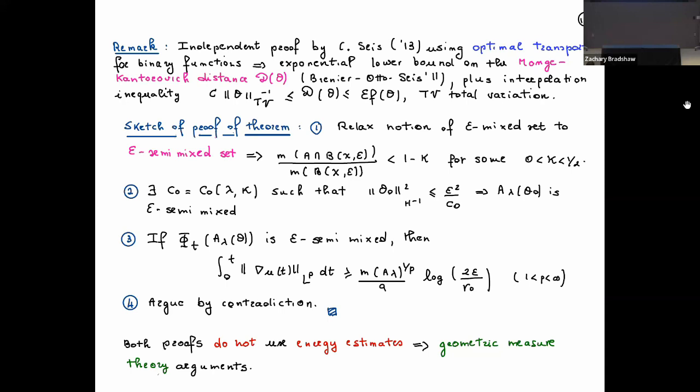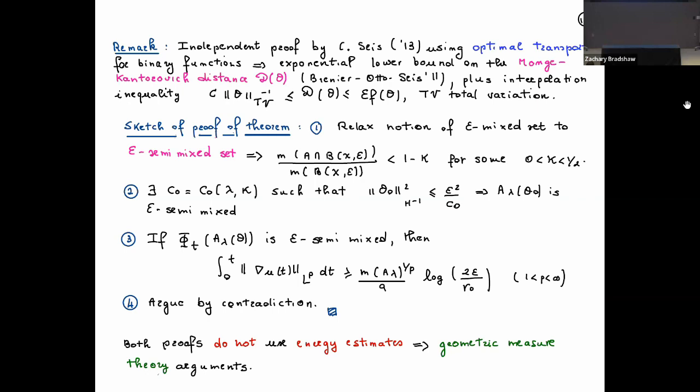And then you relate being semi-mixed to bounds on the flow. So the idea of the proof is that if I control the H^{-1} norm, you control the size of the level sets in terms of being semi-mixed. And then if I'm semi-mixed, then I can control bounds from below on the effective velocity.